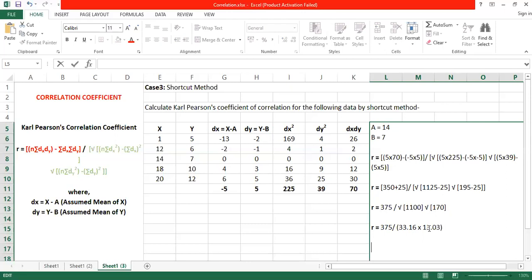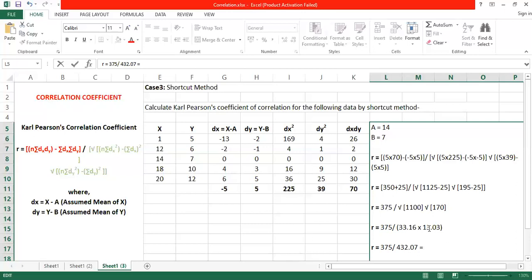So R equals 375 divided by 33.16 into 13.03 equals 432.07.